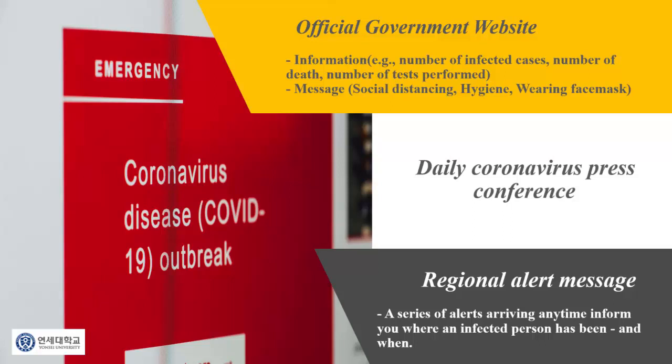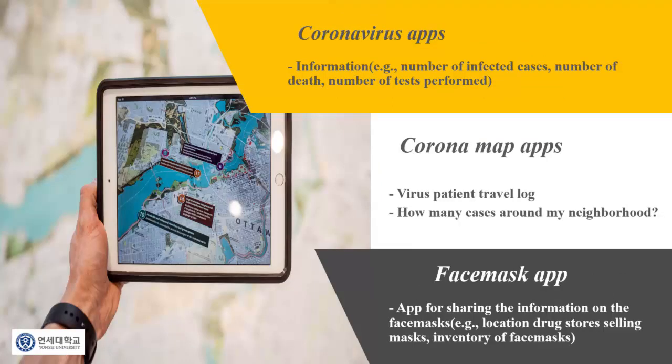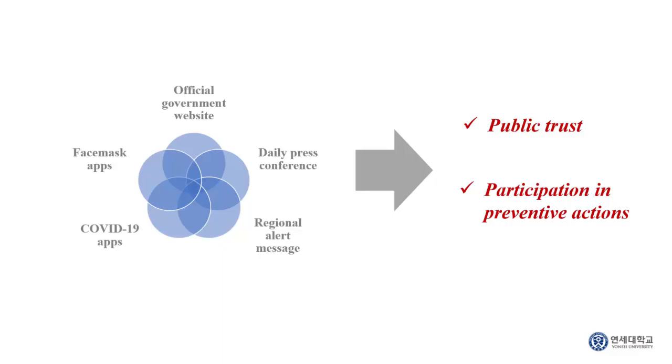The practice of sending smartphone alerts, informing people of an infected person's previous movements, has sparked concerns about personal privacy from Western media. The following actions resulted in public trust. Actually, this public trust leads to the participation of the public in preventive actions.